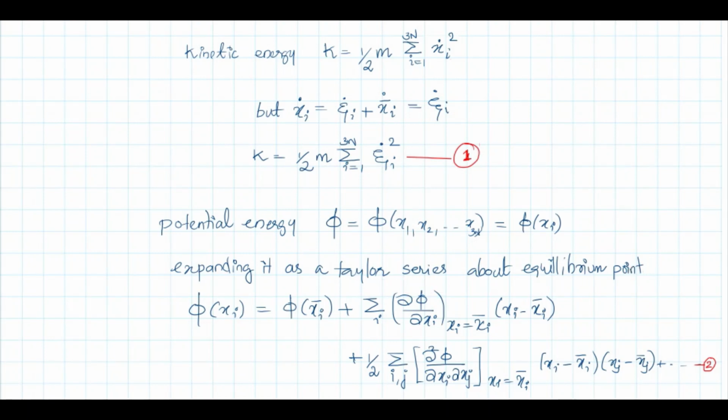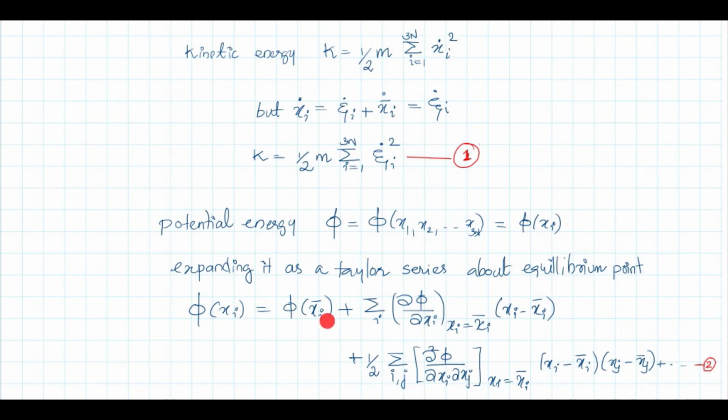So phi of xi equal to phi of xi bar plus the first derivative term sigma i dou phi by dou xi evaluated at equilibrium position xi equal to xi bar into xi minus xi bar plus the second derivative terms half into sigma i comma j dou square phi by dou xi dou xj evaluated at equilibrium position into xi minus xi bar xj minus xj bar plus the third order terms etc. This is the Taylor expansion of potential energy. Call this as equation number 2.